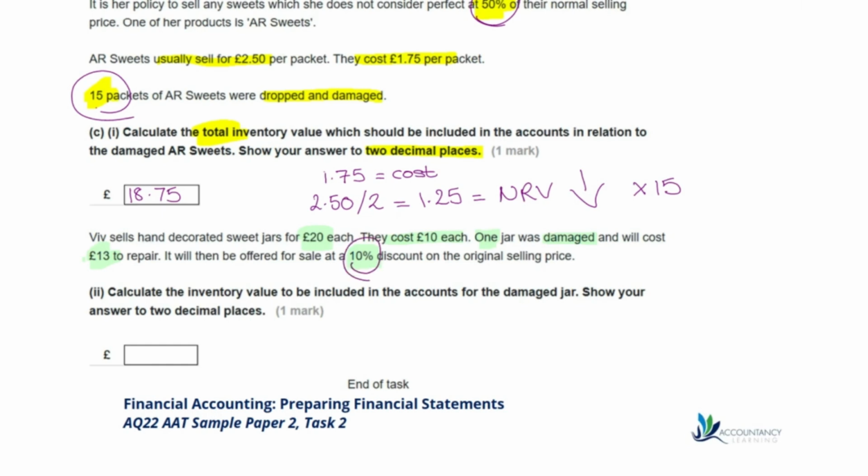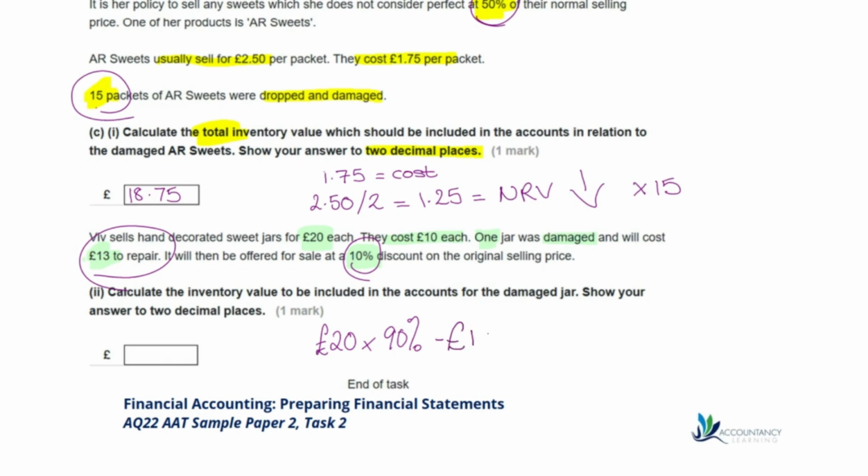So we know there's going to be a discount of 10%. So it would be £20, and we're going to take 90% of that, which is what it would then be sold for. But we need to take off the amount that it would cost to repair.